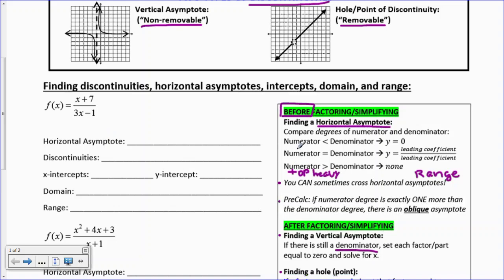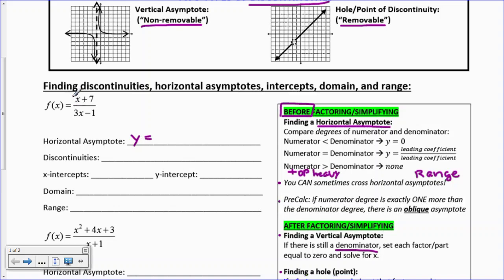So let's go over here and look at our rule. If the degrees are the same, that means the horizontal asymptote is supposed to be y equals the leading coefficient of the numerator divided by the leading coefficient of the denominator. So our horizontal asymptote is going to be y equals, okay, the leading coefficients are always the first numbers that you see in front of the x.